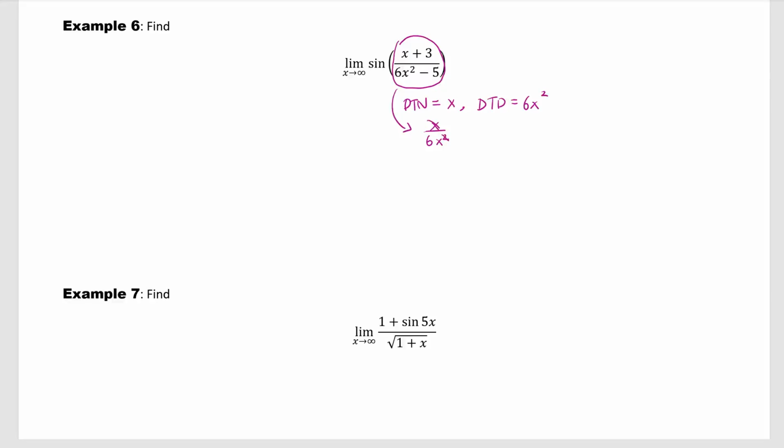The x cancels because you're looking at the limit as x goes to infinity. This is 1 over 6x, a constant over something going to infinity, so it will be 0. Finally, the limit is sine of 0, because the thing inside the sine goes to 0, which is 0. So this is the limit. So far, so good, everybody?